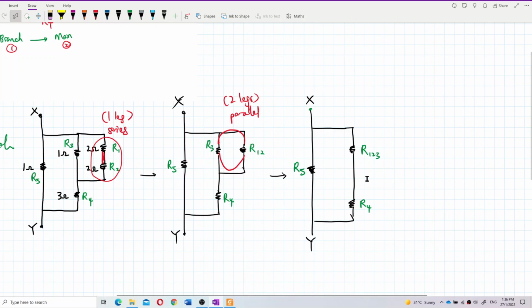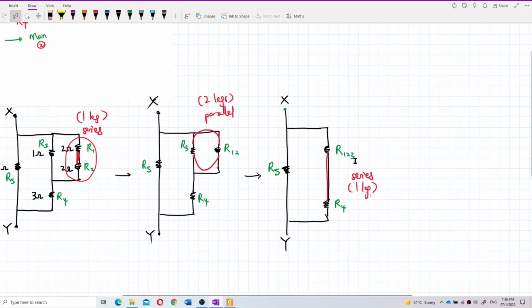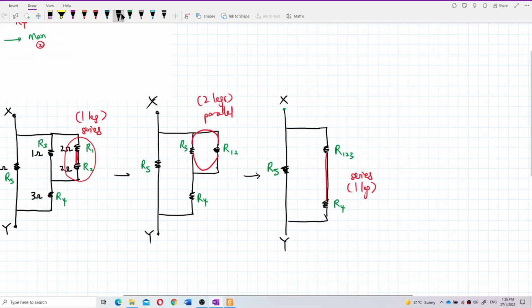So these are in series because there is only one leg connection. Combine these two, and lastly after they combine, I got this.